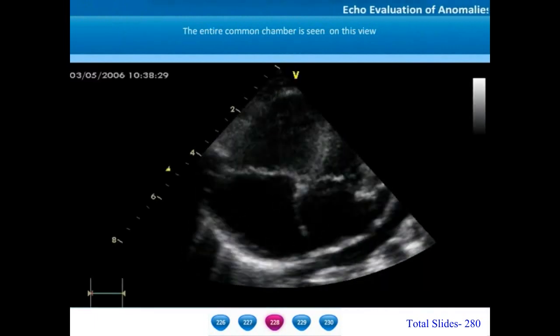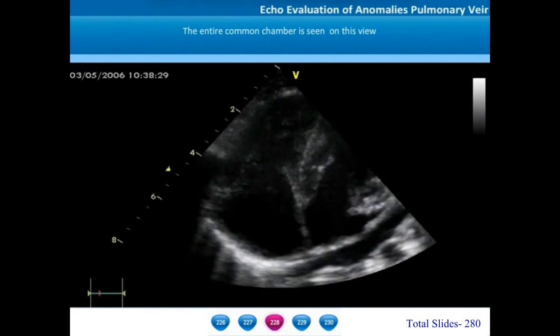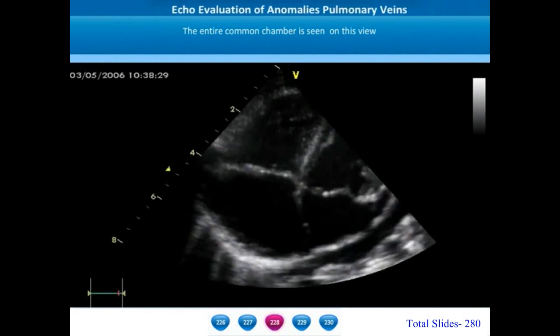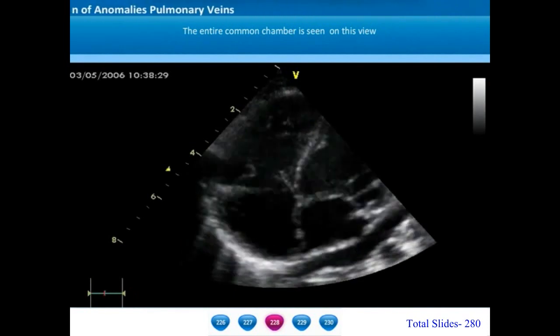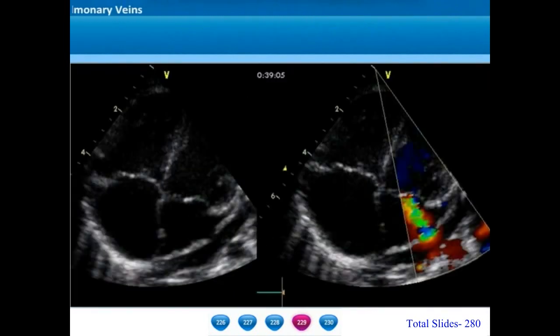The entire common chamber, the left atrium, the anastomosis, and the narrow region of the anastomotic junction is well visualized in this apical view. The still frame shows how narrow the anastomotic obstruction is and how much inadequacy to the return of pulmonary veins will be caused by this small orifice.